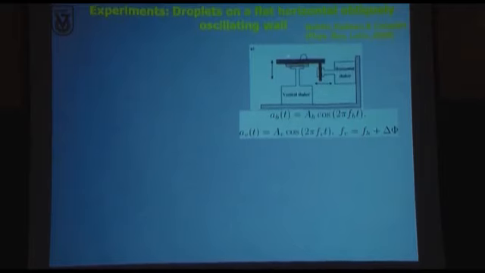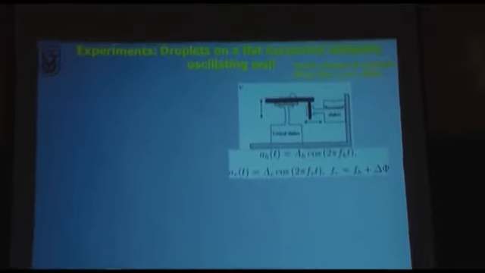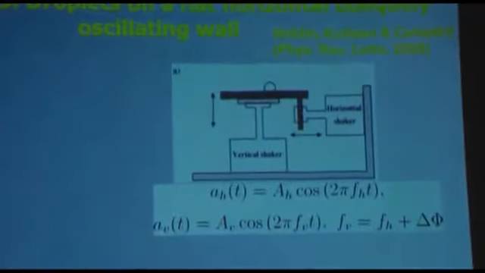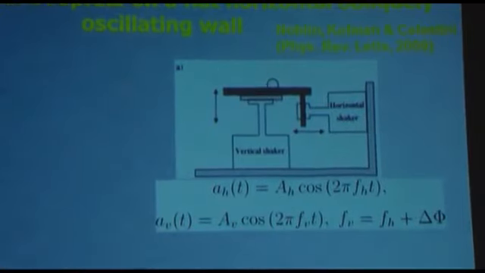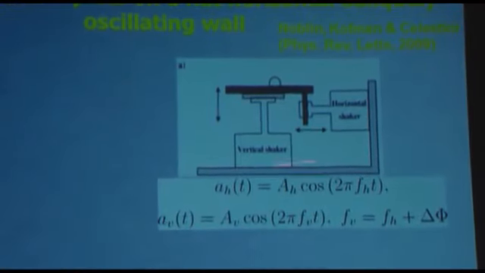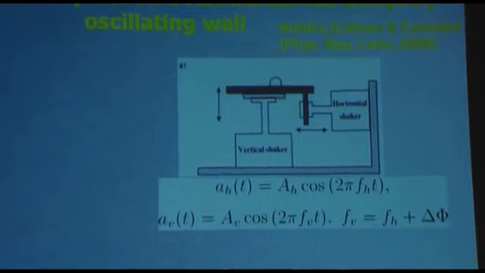What's the difference? They have a drop on the horizontal table, but now the horizontal table is connected to two shakers. One shaker knows only one thing, to oscillate left-right in the horizontal direction. This one is a vertical shaker, so it knows only one thing, it oscillates up and down.